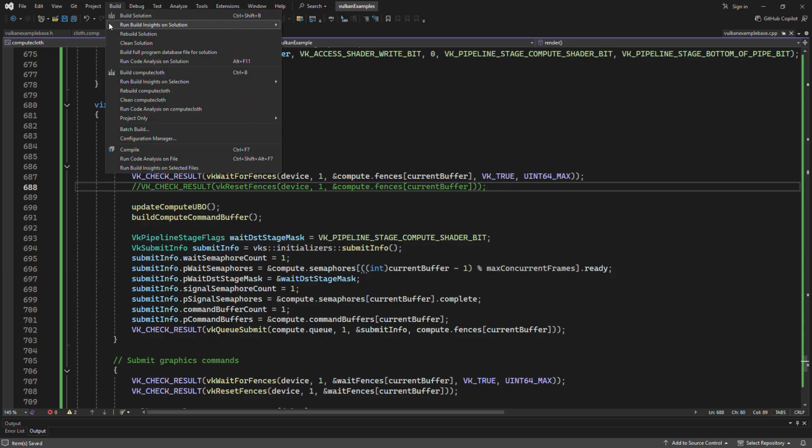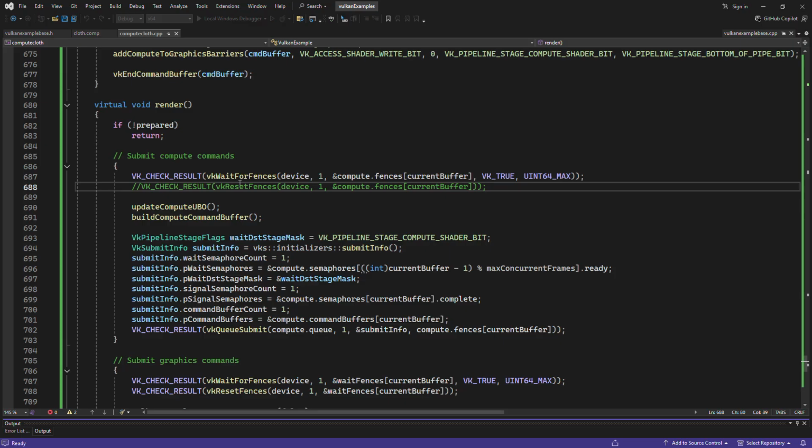I have to rebuild computecloth because the Vulkan configurator needs the build file, right? So we're not going to reset the fence. We're not going to make this unsignaled again. We're going to keep it as signaled, and we're going to attempt to submit the fence again, but it's already signaled, right?